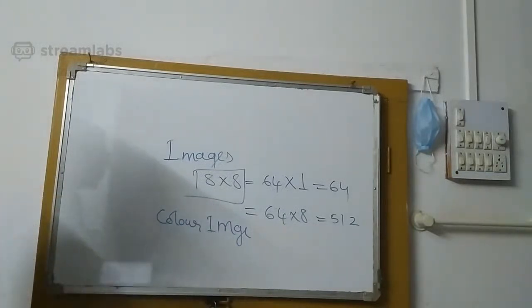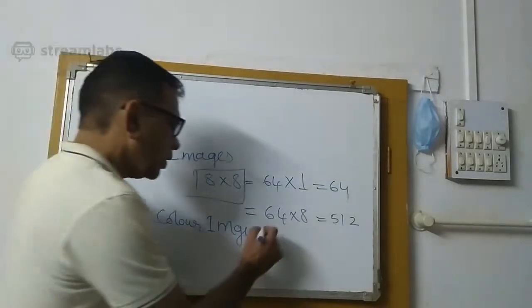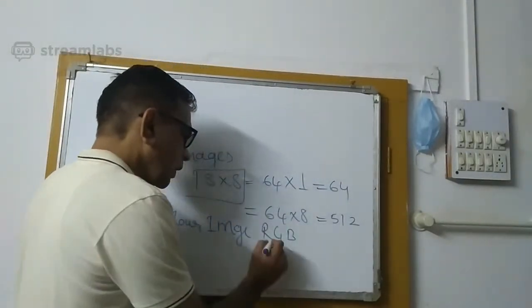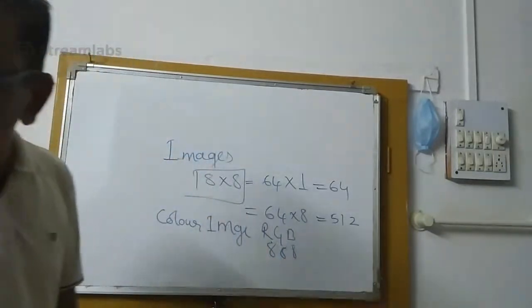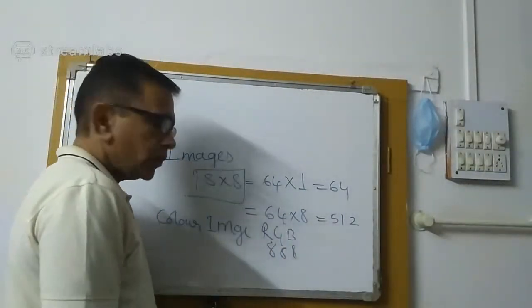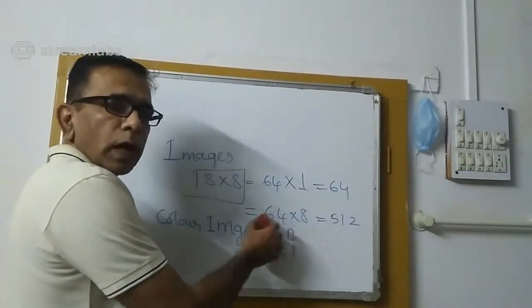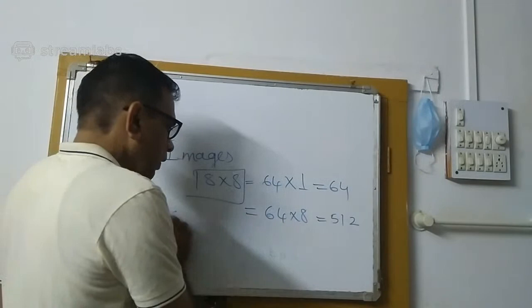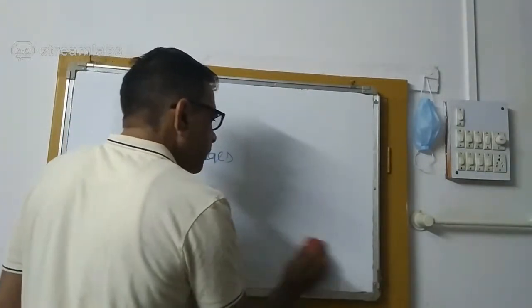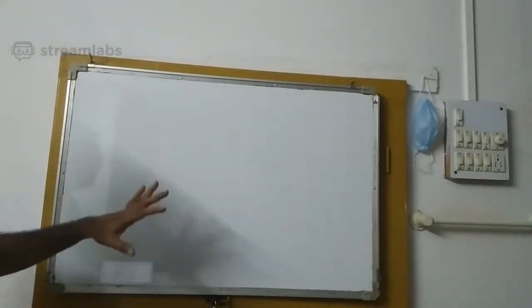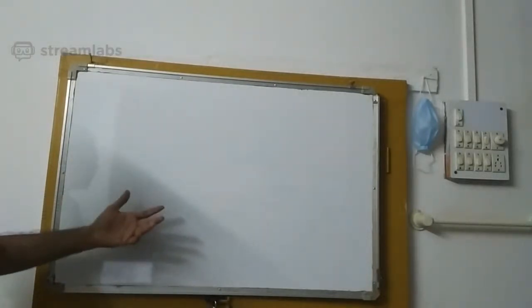Basically, color images are formed from 3 basic colors, which we call RGB. If each color is represented by 8 bits, you need that many bits per pixel. Keep one thing in mind: as the representation pattern changes, the number of bits needed for representing the image will change, depending on what method you use, whether black and white, color or grayscale.